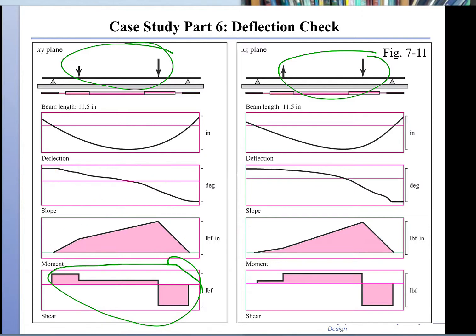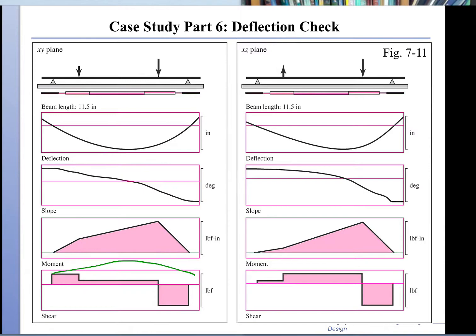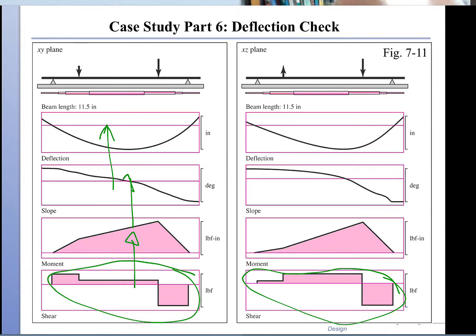So from this we first have the shear force distribution on the XY plane, shear force distribution on the XZ plane. From the shear force we get the moments, from the moments we get the slopes, and from the slopes we get the deflection, as we've done in the previous lecture.